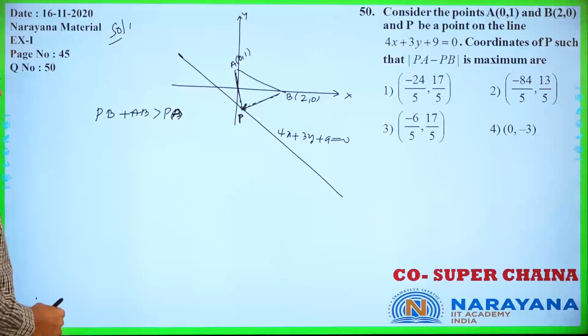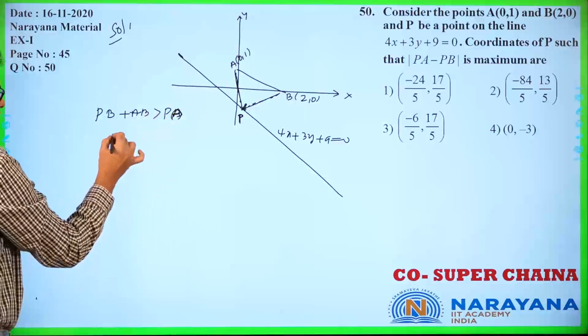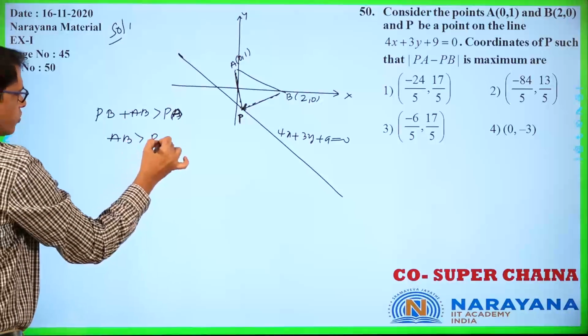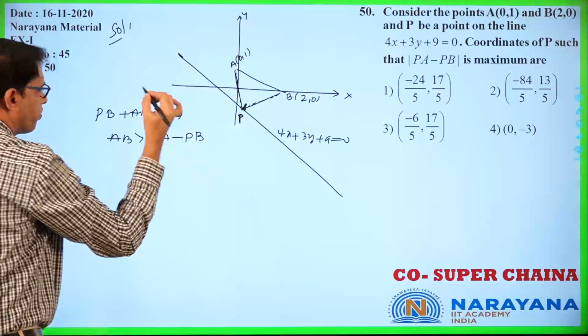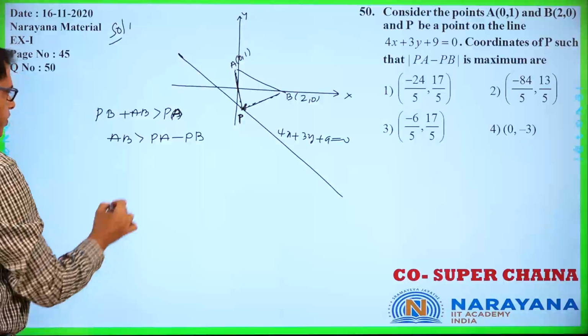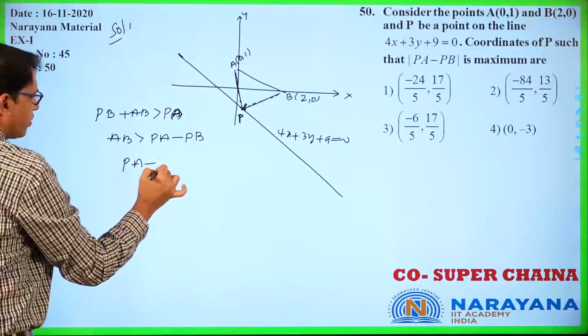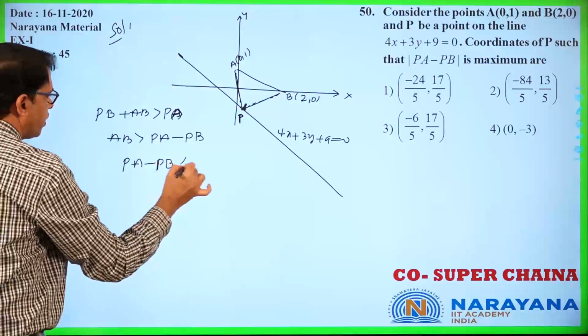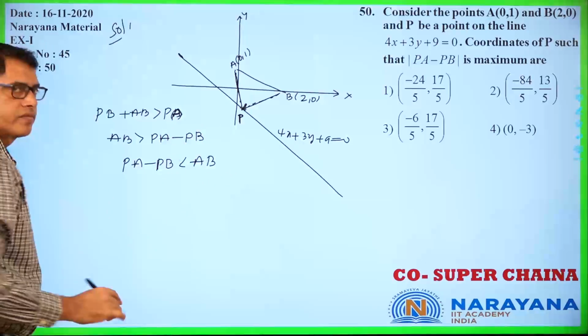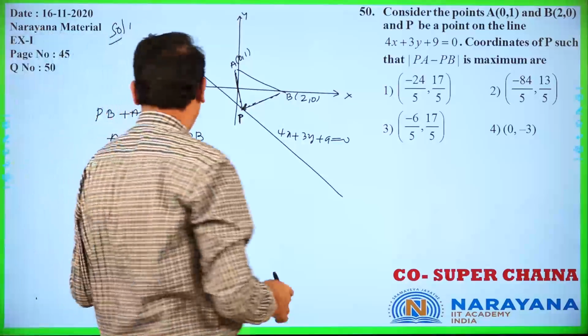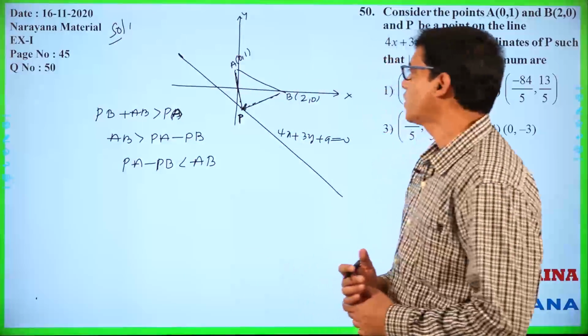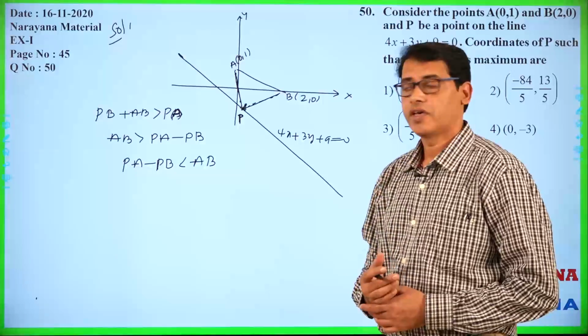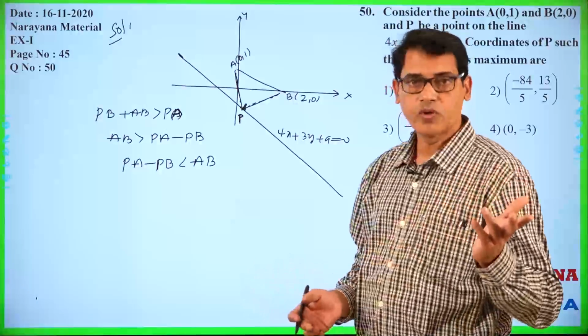So from this, AB is more than PA minus PB, means PA minus PB is always less than AB. Got the point? So PA minus PB is always less than AB, means we have how many possibilities?